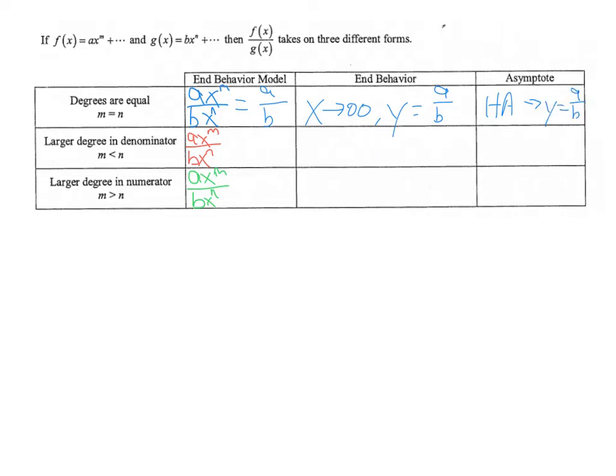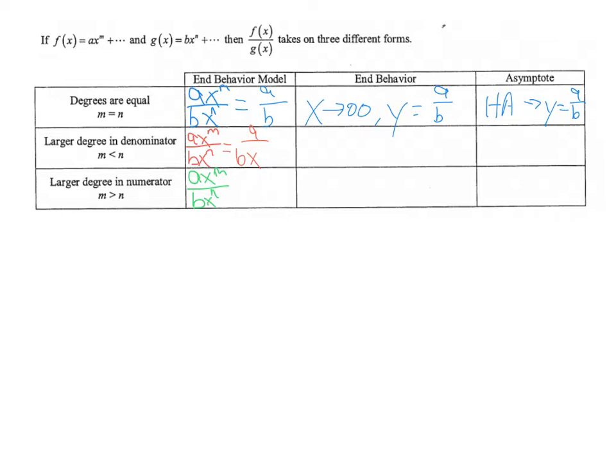Okay, if we were to look at that second case, that's where m is smaller than n, and when that happens, all the x's are going to end up in the denominator. So we would just have an a left in the numerator. We'll still have that b there, but then we're going to have something related to an x in the bottom.